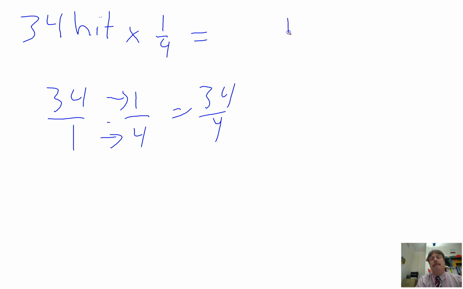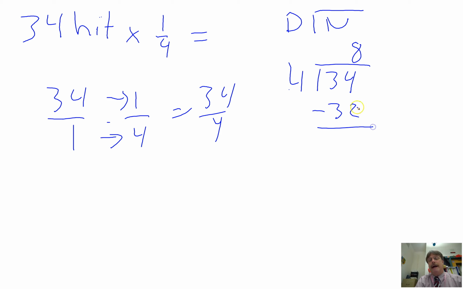For our fractions, remember the denominator is divided into the numerator, so 4 goes into 34. 4 goes into 3, no. Does 4 go into 34? Yes, it's 8 times because that's 32. We subtract, we have 2. We put a decimal and a 0 because we don't change our number. I bring it down, and 4 goes into 20 5 times, and that goes in evenly. So we have a terminating decimal now, and it's going to be 8.5 hits.